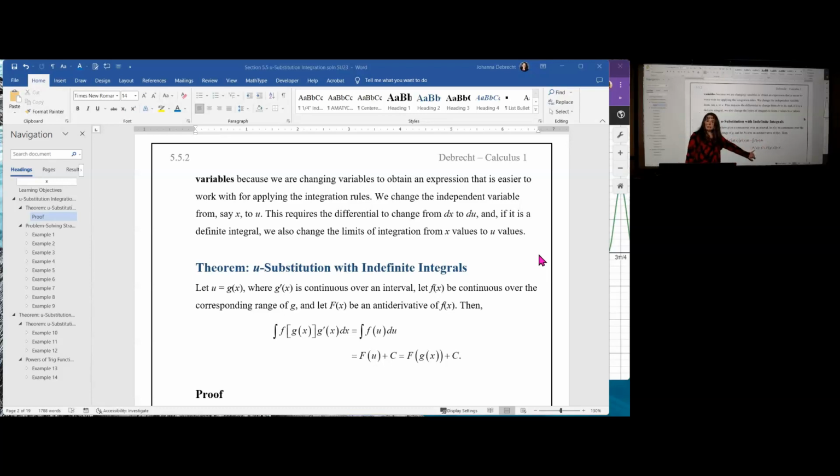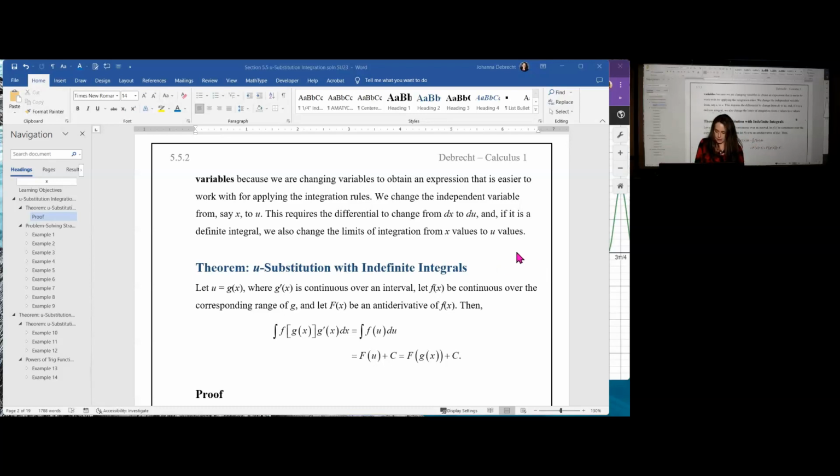This gives me the antiderivative function uppercase F of u up to the constant of integration. And then, because it is an indefinite integral, I have to return to the original independent variable, which is x. So I back substitute and replace the u back with the inside function, g of x.